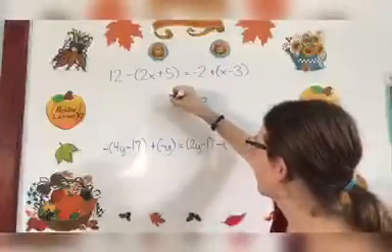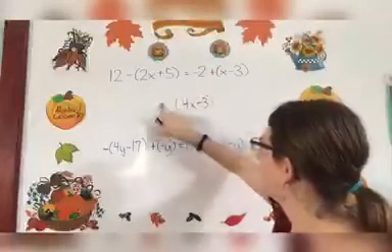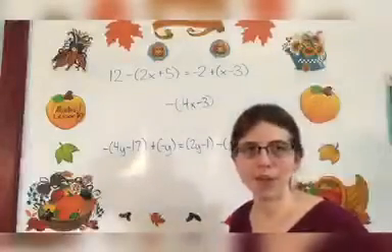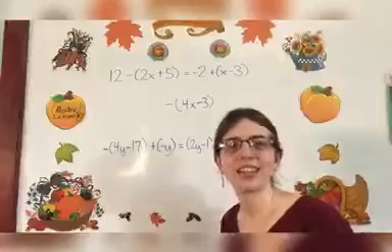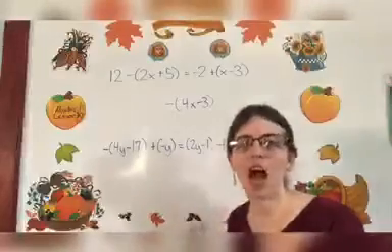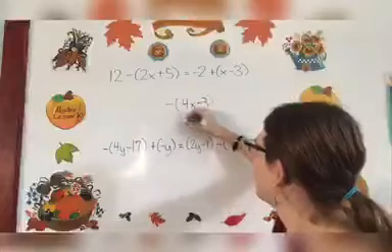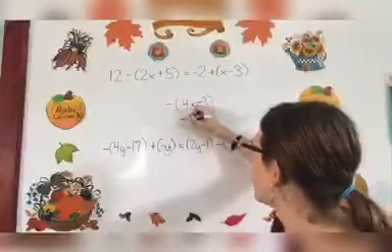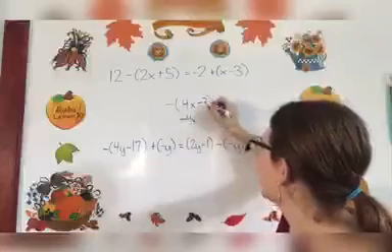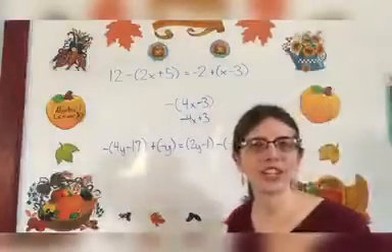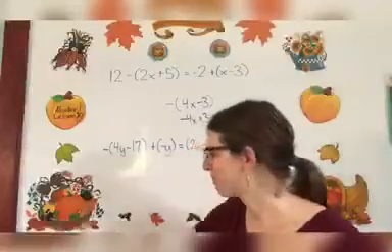But if your parentheses have a negative sign in front of them, you can't just drop them. The rule is that you have to change the sign of every term, make it the opposite. So to drop my parentheses, positive 4x has to become negative 4x, and negative 3 has to become positive 3. So it changes.